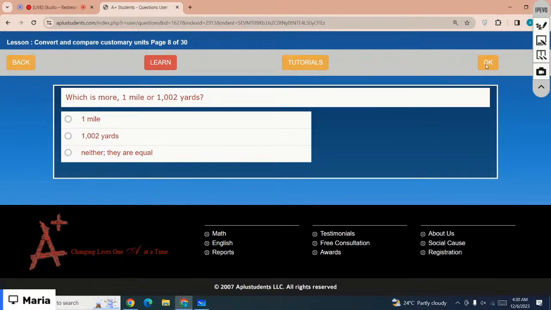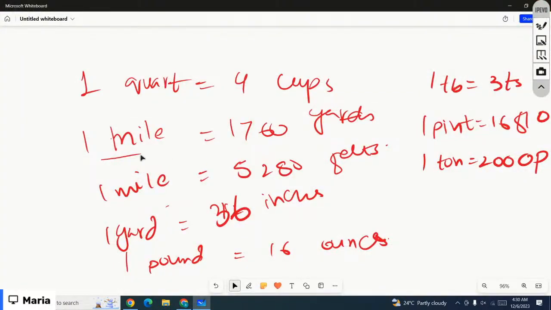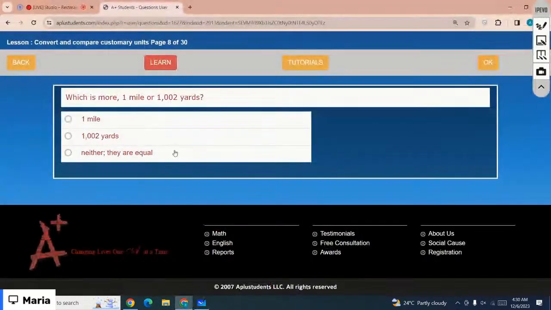Because 1 mile equals 1,760 yards, right? Yes, mile is more. Very good. The correct option is 1 mile, right?